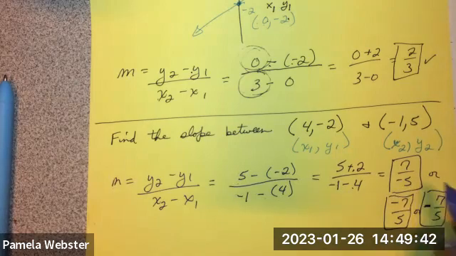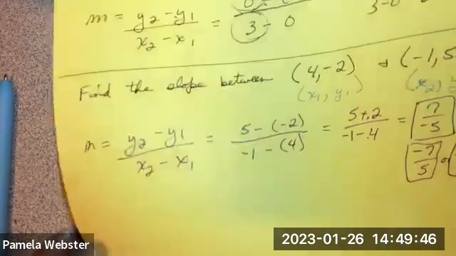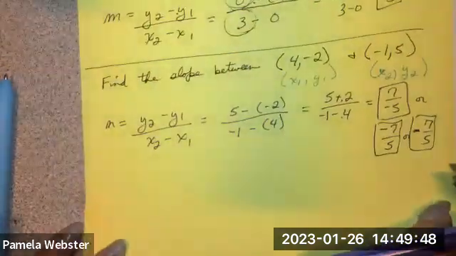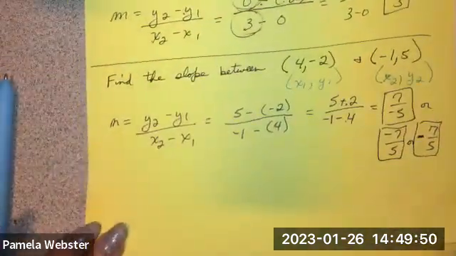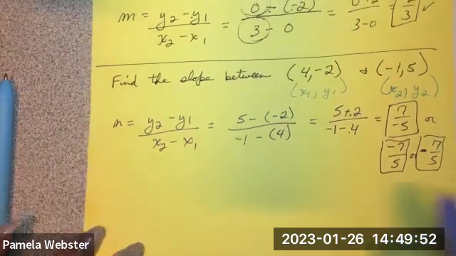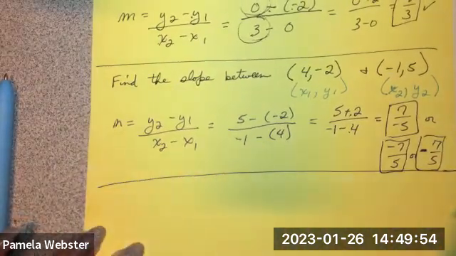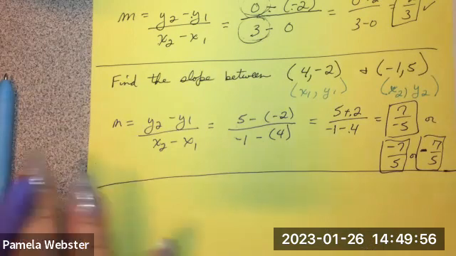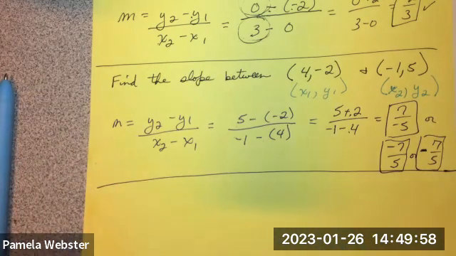So I left my negative on the bottom just because it was the -1 minus 4 that was the -5. But if you moved your negative sign around, it is perfectly legal, mathematically speaking, for you to do that, as long as there is only one negative sign in your final answer, okay? So that's kind of what these problems look like whenever you're just asked to find the slope.